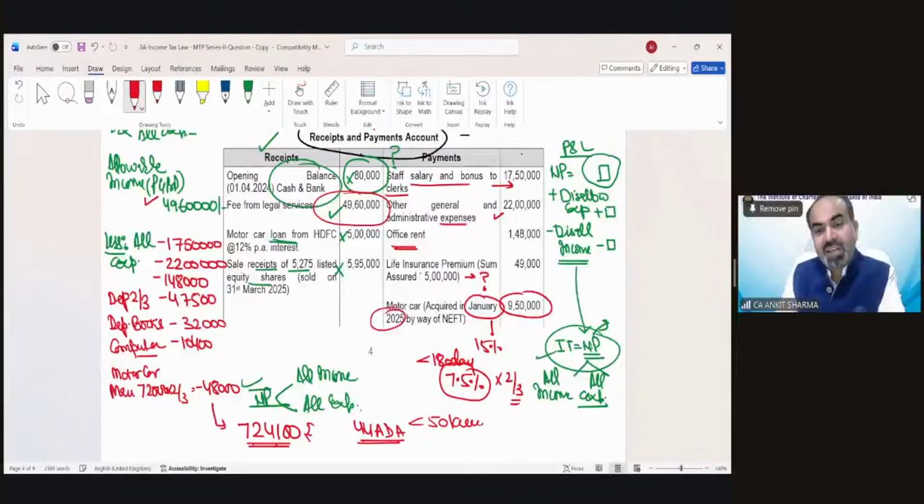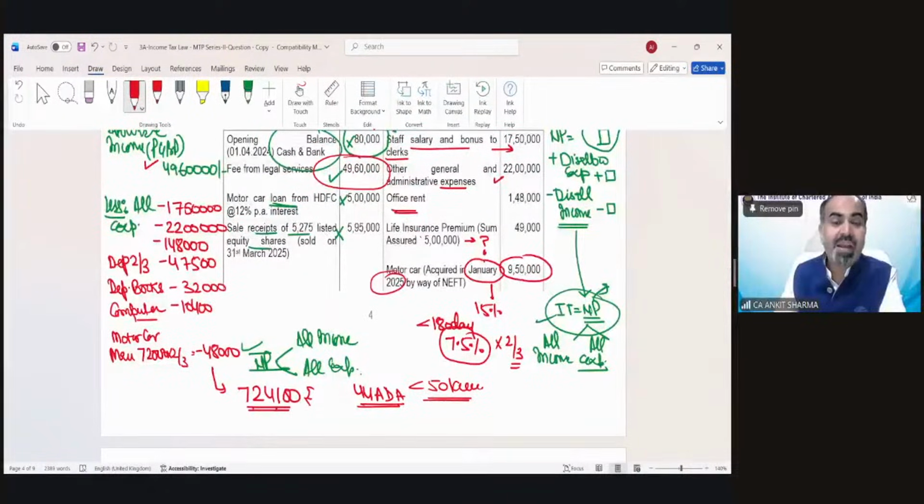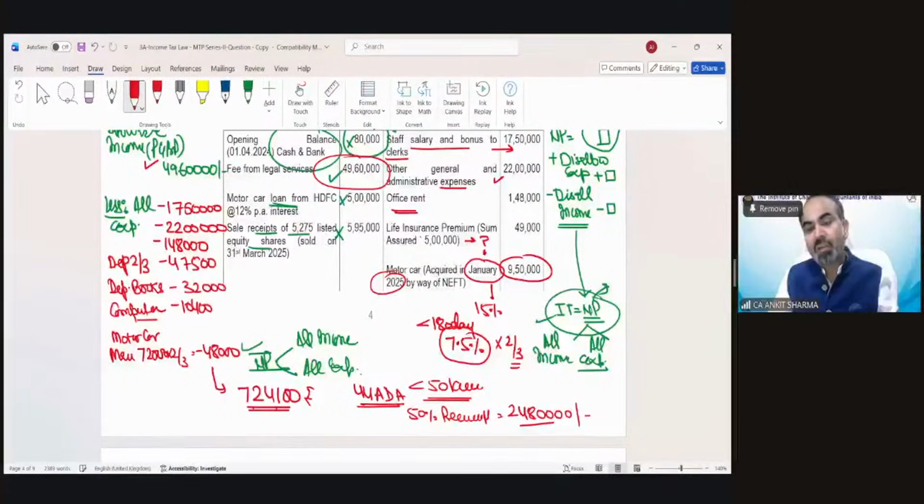So if receipt is less than 50 lakh rupees, you can pay tax by way of section 44ADA, which says 50% of the receipt can be declared as your profit. So 50% of 49,60,000 would be 24,80,000. So either you can declare your net profit, or you have the option to declare your profit as 7,24,100.